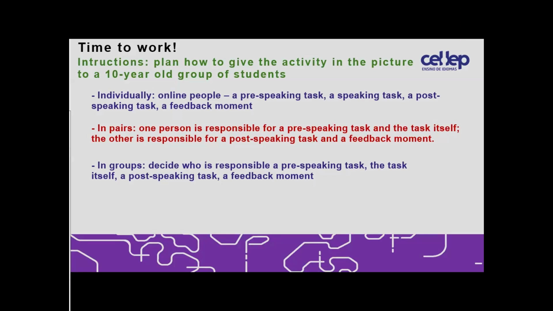Hello, Isadora. So my group was really close to the other group that spoke just now. In the pre-speaking, we thought about a memory game, but doing this with flashcards, showing them what fruit it is, what food it is, and asking them to answer the questions.